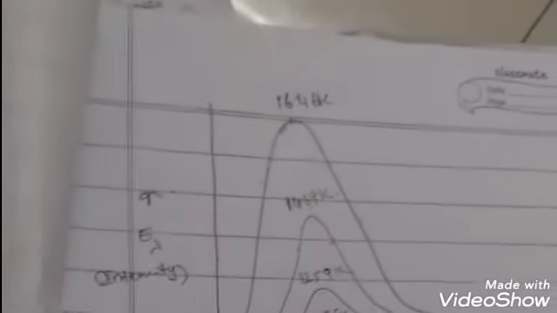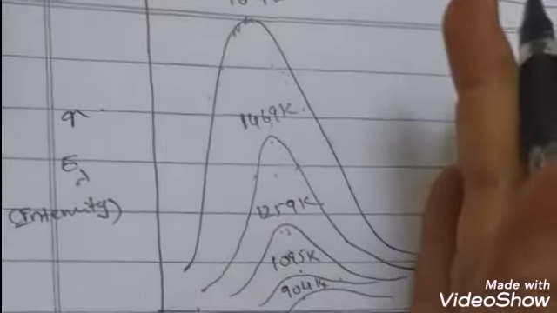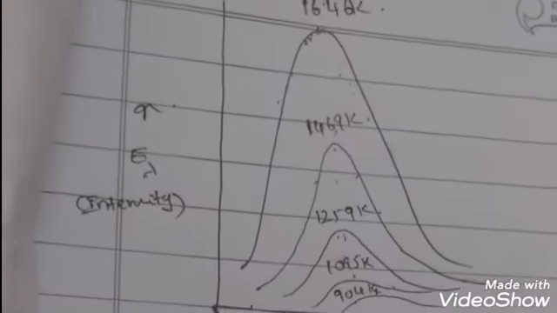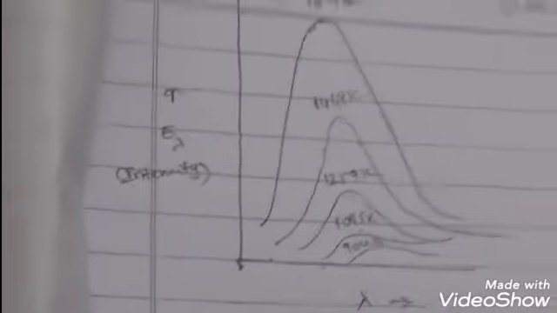As the temperature increases the wavelength shifts towards the shorter wavelengths, which we call Wien's displacement law. Wien's displacement law is very important for 1 mark. What is Wien's displacement law?